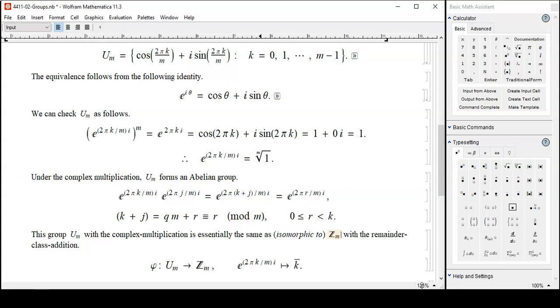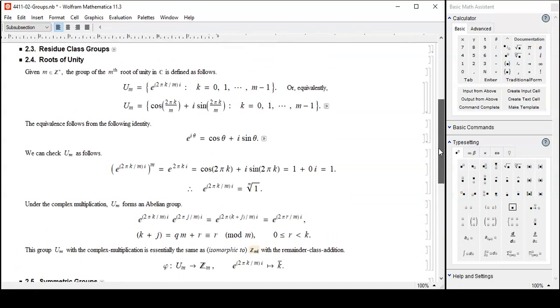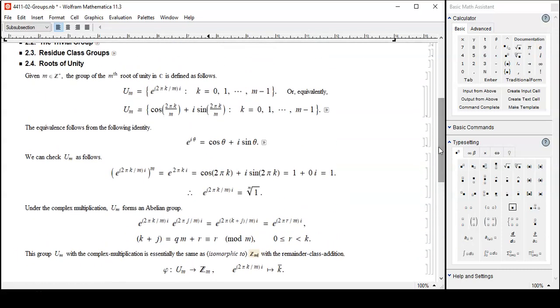So the group Um with complex multiplication is essentially the same as the additive group Zm, the residue class group modulo m, something we studied before.